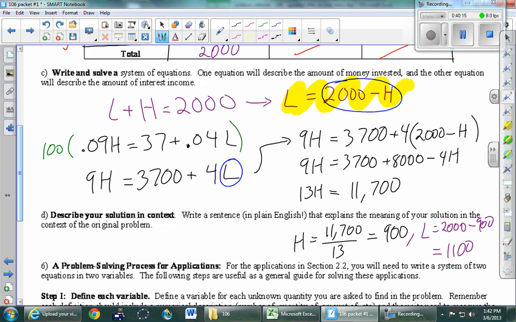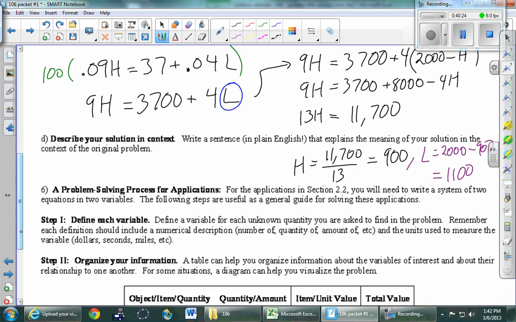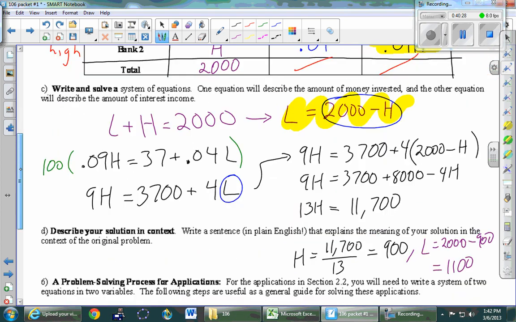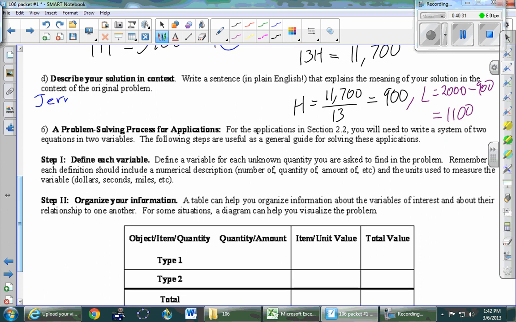Okay, let's write down our sentence, and then we'll do the group activity. Okay, so Jerry invested, and then we'll get the first part of our answer. 900 what? $900 at the 9% or at the high percent.